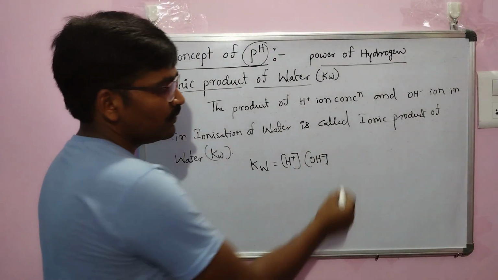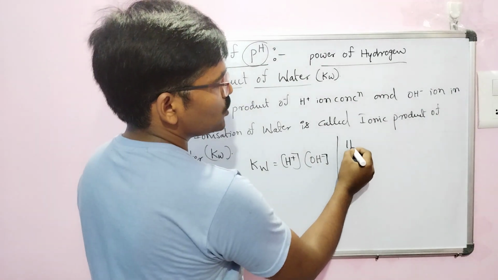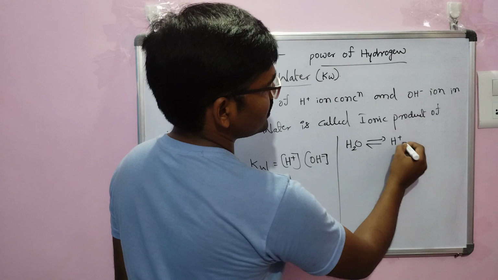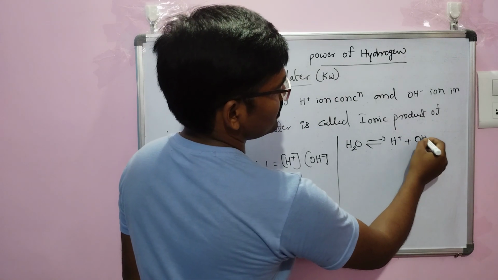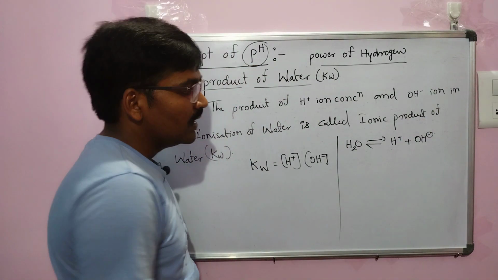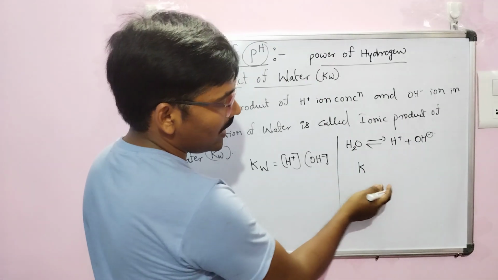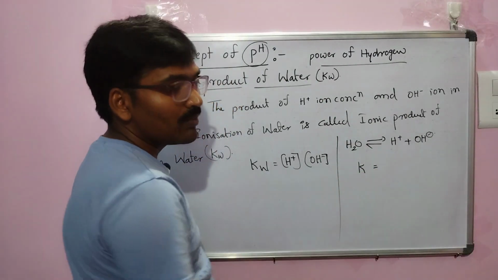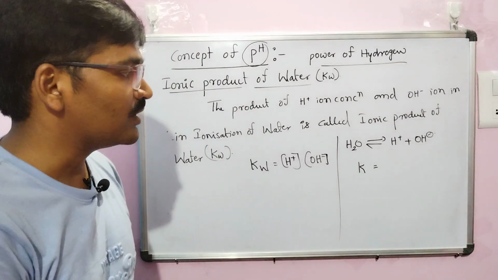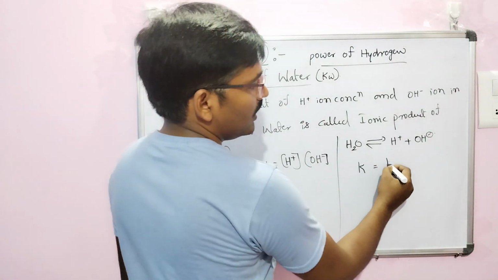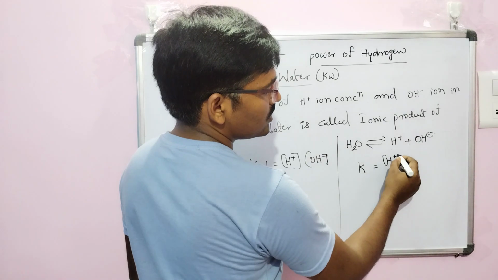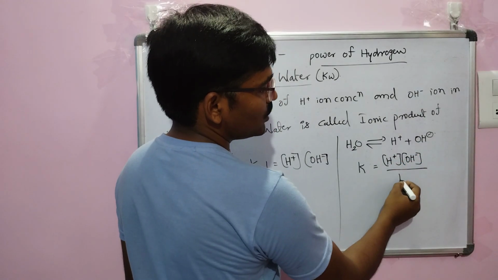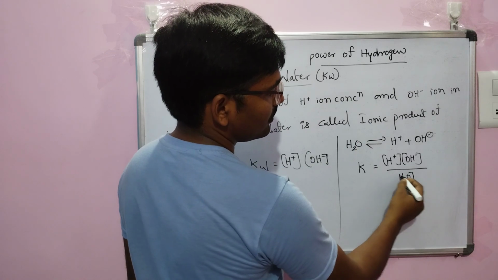For example, if you take H2O dissociating into H plus and OH minus, and you want to write the ionization constant or equilibrium constant for this, it equals H plus ion concentration into OH minus ion concentration divided by H2O concentration.